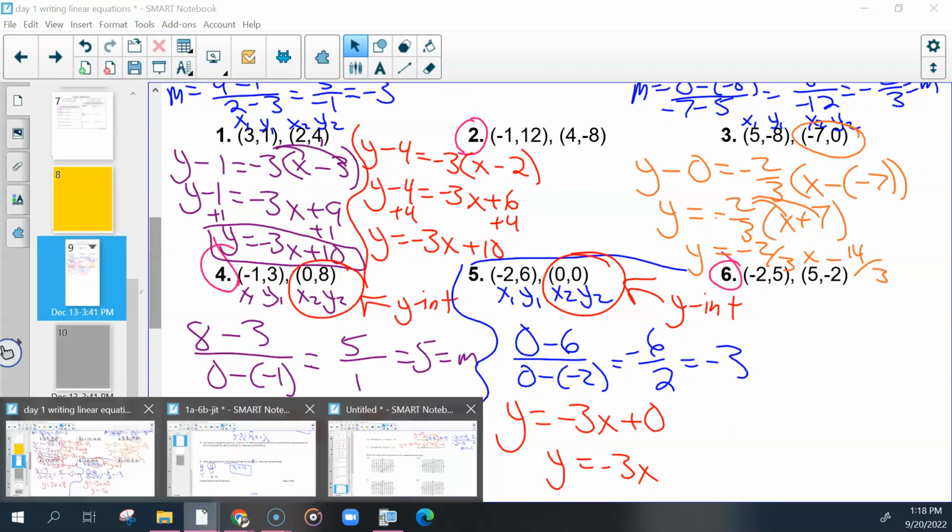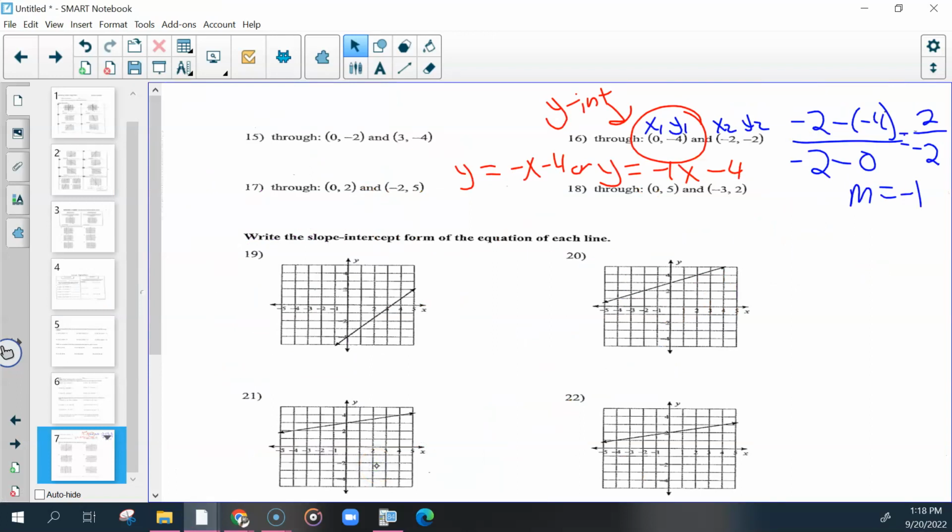And then on that last page, 13, 14, 15, 17, 18, any of those. Choose at least 3 of those and try them. Once you do those 3, if you want to do more of any of these, you can work on that. Or if you finish those and want to do your Khan Academy, you can do that. But try at least 3 first before you do Khan Academy. Let me know.